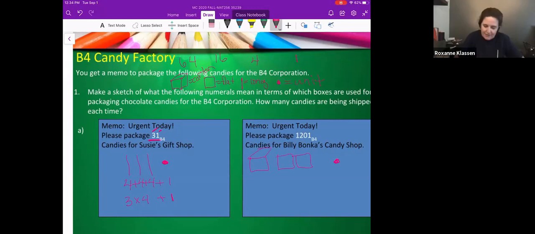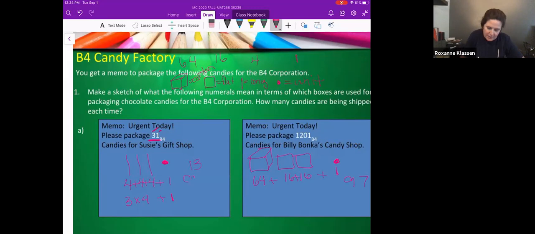Excellent. So this is what your picture would look like, right? And so Elizabeth's saying, okay, there's 64 in a carton. There's 16 in each flat. We had no longs, and then we had 1 little candy box that only held 1. So if we add those all up, we do get 97 candies.